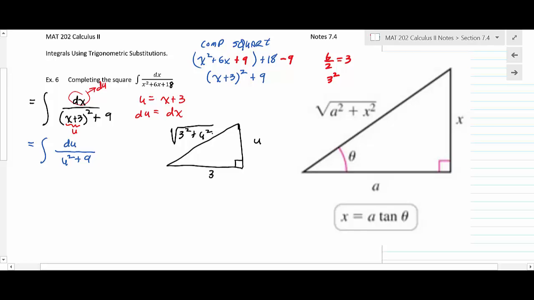Now, since that's not under a square root, we would want to see if we could work with any sort of a substitution there.